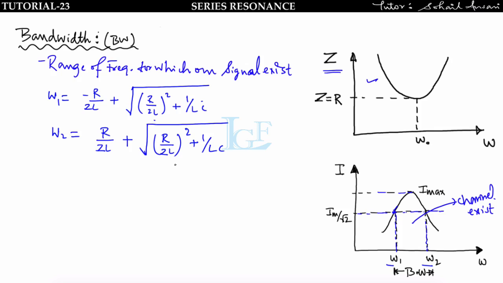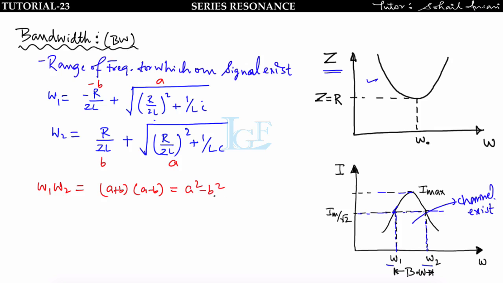Now you can see here that if I take this as A and this as B, then this will be A plus B and this will be A minus B. So omega 1 into omega 2 is equal to what? A plus B into A minus B, that is nothing but A square minus B square.